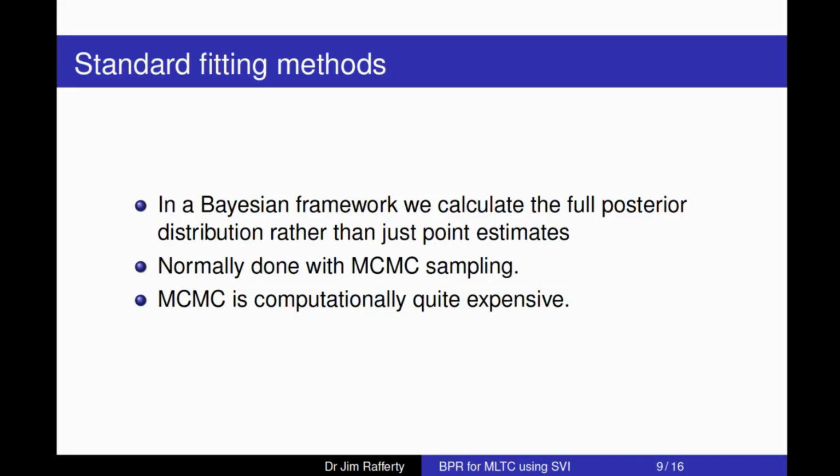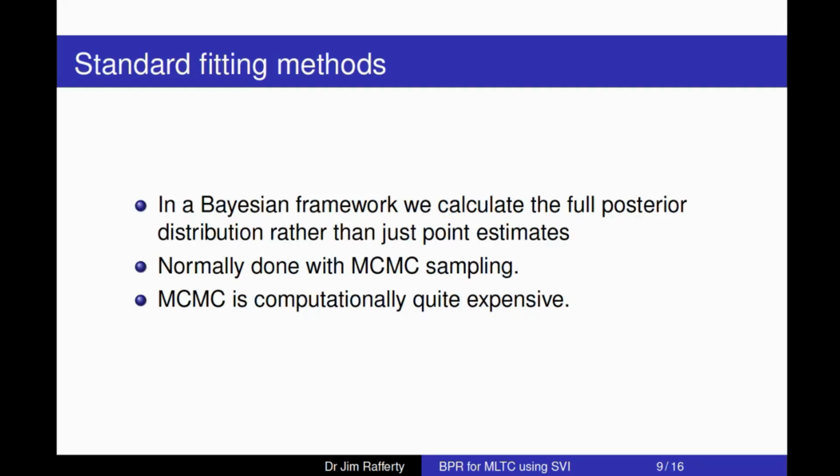So I'm going to move on to the second section of my talk now to talk about SVI, stochastic variational inference. It's very common in a Bayesian framework to use Markov chain Monte Carlo, MCMC, sampling. The point here is that in a Bayesian framework, we want to calculate the full posterior rather than just the point estimate.